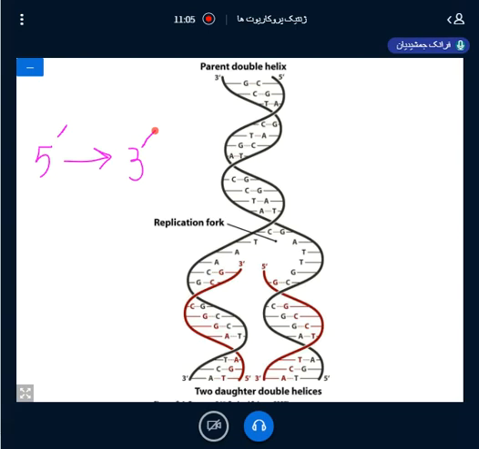Remember, every time the replication direction is from 5' to 3'. In prokaryote, in eukaryote, in leading strand, in lagging strand, everywhere, the direction of replication is from 5' to 3'. Don't make mistake. Anytime the direction of replication is from 5' to 3'.